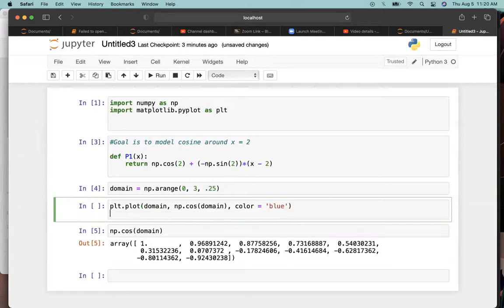And then let's look at our polynomial: plot P1 of domain, color equals red maybe.